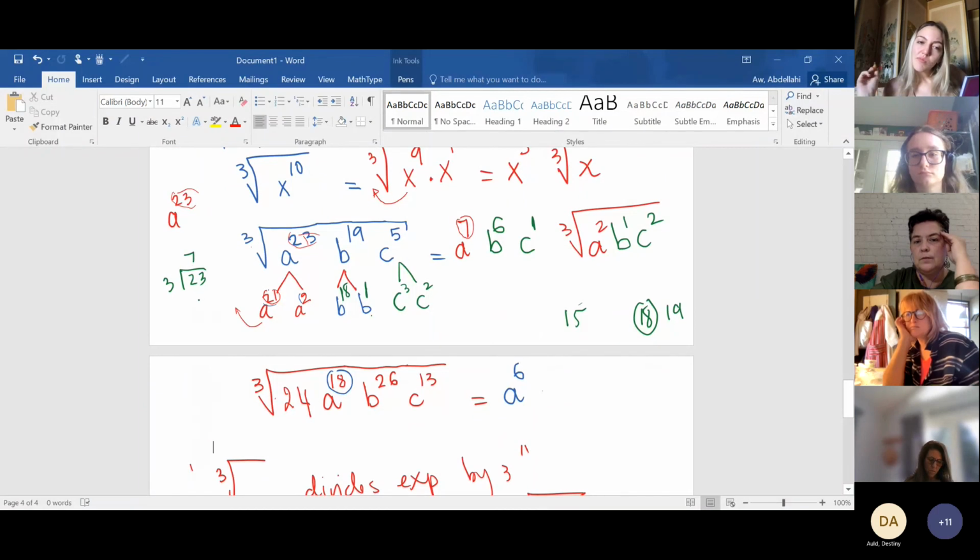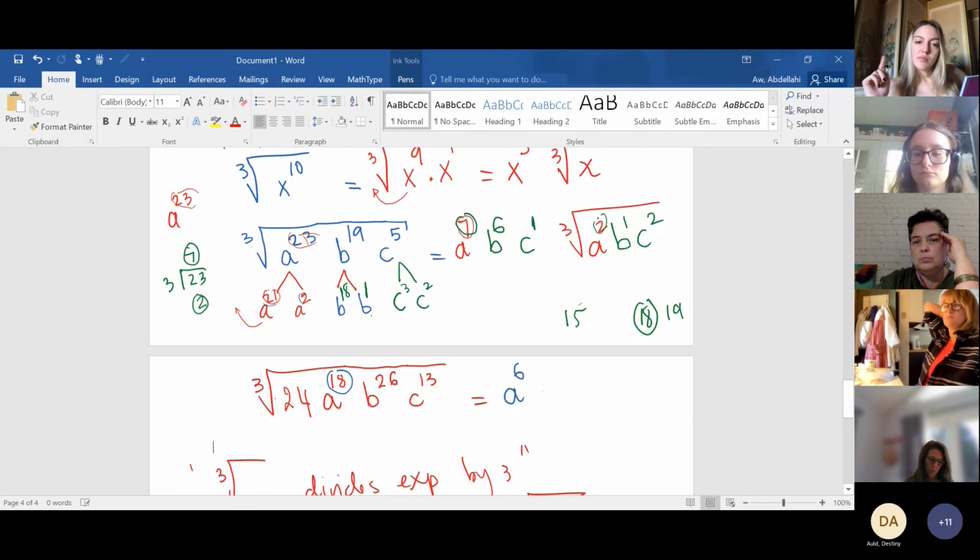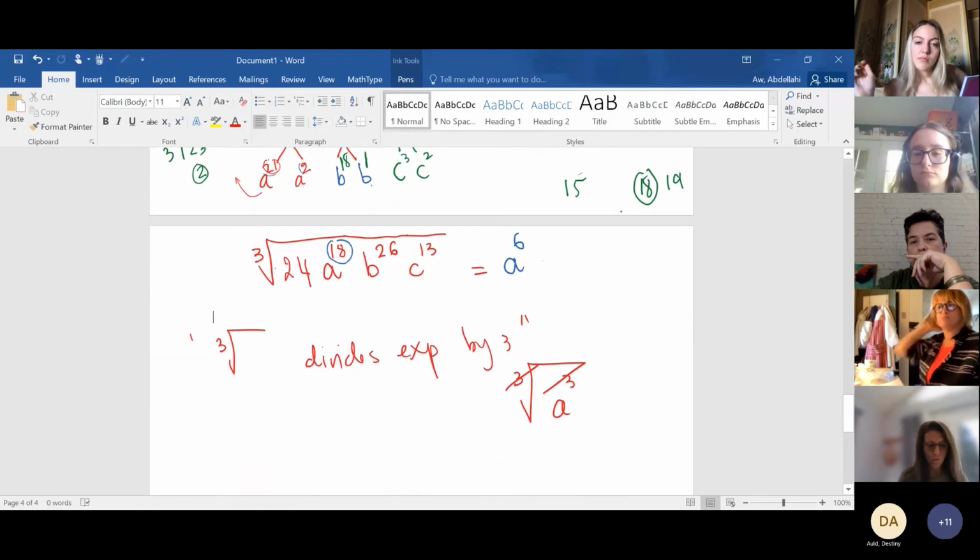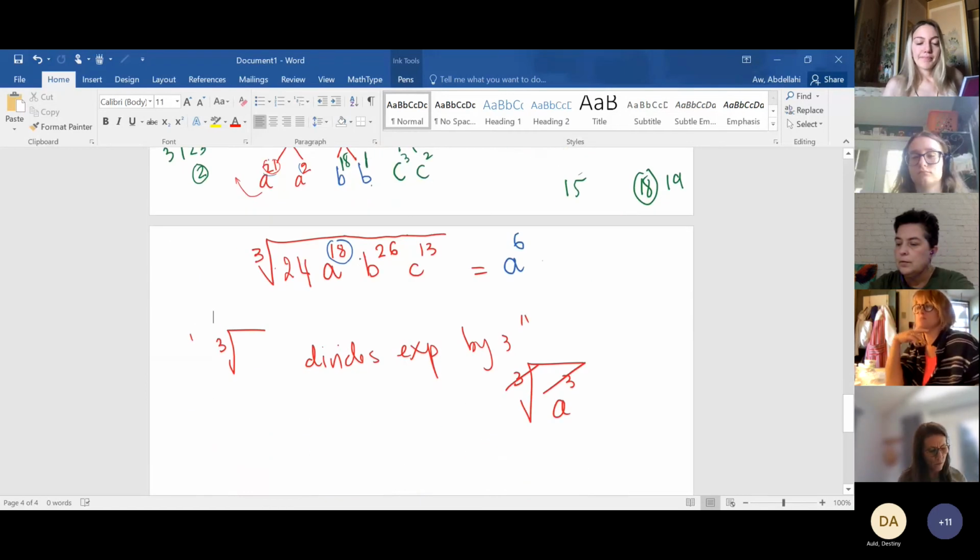How much remains? 2 remains. Now look at the answer: the 7 is here, and the 2 is here. Now the last example right here, before we do the A stuff, let's do it step by step.